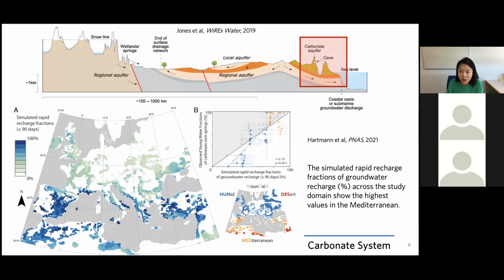The simulated rapid, or what they call focused recharge, fractions of the groundwater recharge within one season, which is less than 19 days, can sometimes reach 77% in the Mediterranean region, and up to 50% of these infiltrating pollutants may still exist and reach the groundwater table. So this implies the groundwater contamination risk is much larger than we expected in these fast flow carbonate regions.